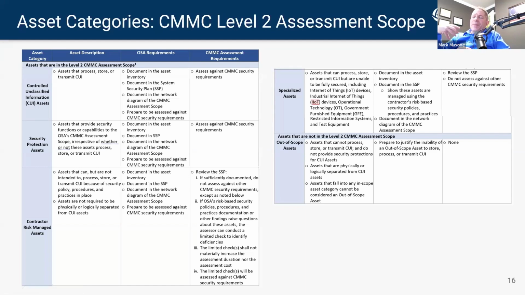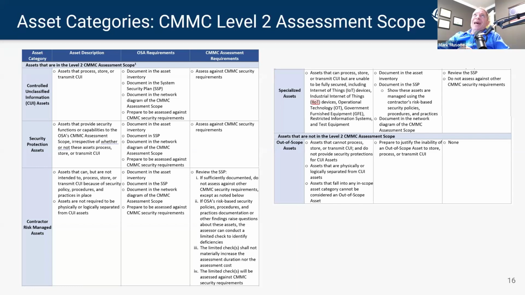If the government, for example, is forcing you and telling you that you need to use Windows 95, that would be a specialized asset, because the government is telling you how an asset needs to be configured or what asset you need to have. Internet of Things includes things like your smart thermostats and smart lights. Those are specialized assets.